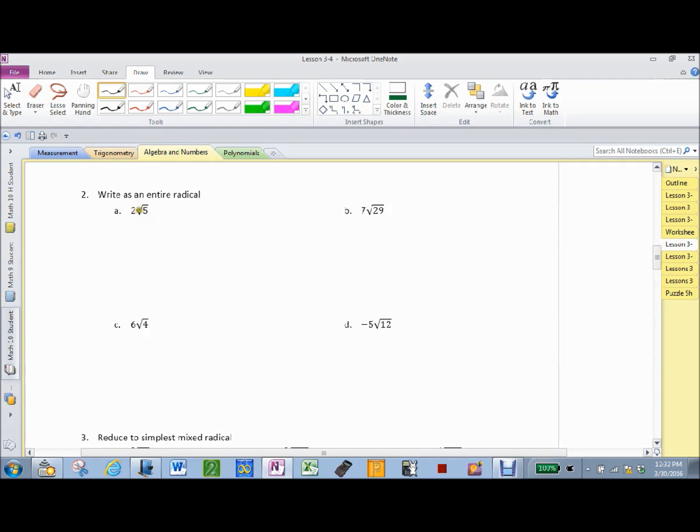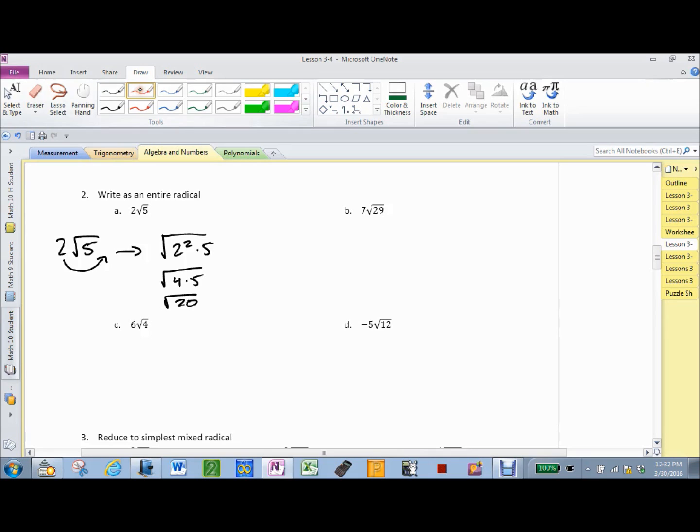So this 2, if it goes back under there, had to be 2 2's, didn't it? What is 2 2's? 4 times 5. So this becomes root what? 20. Does everyone see how that works?